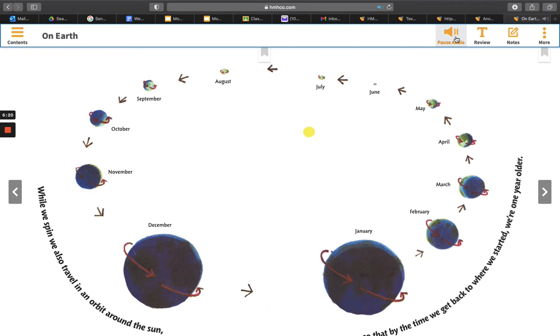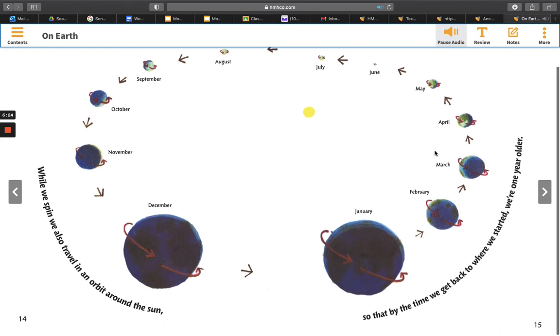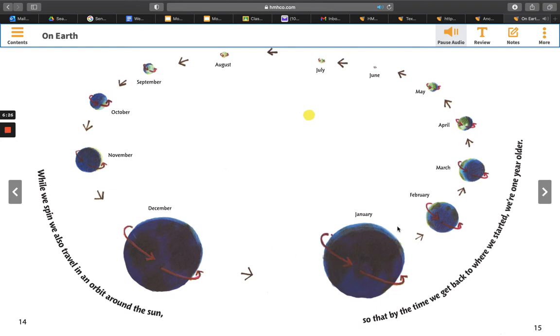While we spin, we also travel in an orbit around the sun. August, September, October, November, December. So that by the time we get back to where we started, we're 1 year older. January, February, March, April, May, June, July.